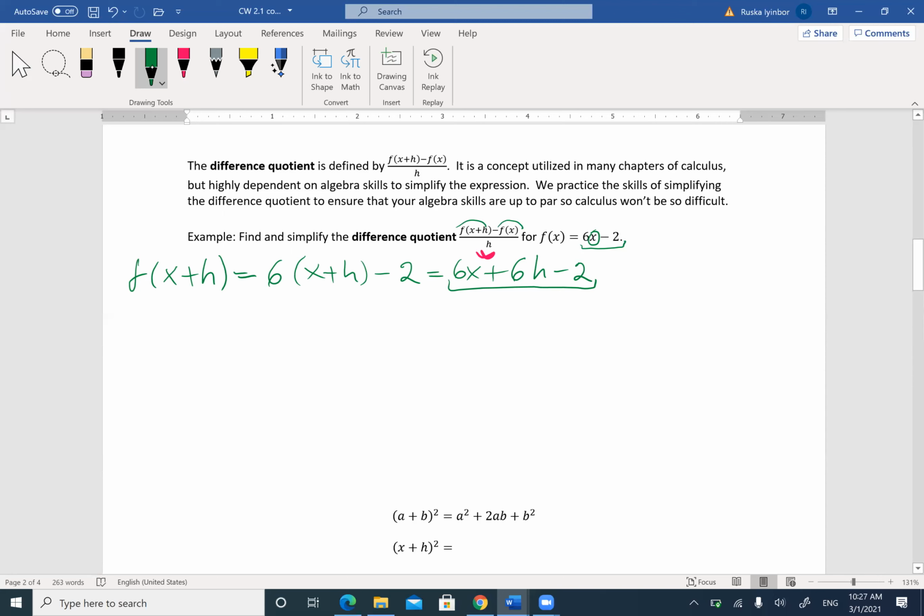So the first step is plug in x plus h. The second step is we're going to do f of x plus h minus f of x. So I'm going to copy the previous answer from step 1, minus the original function, which is 6x minus 2. I'm going to take off the parentheses.